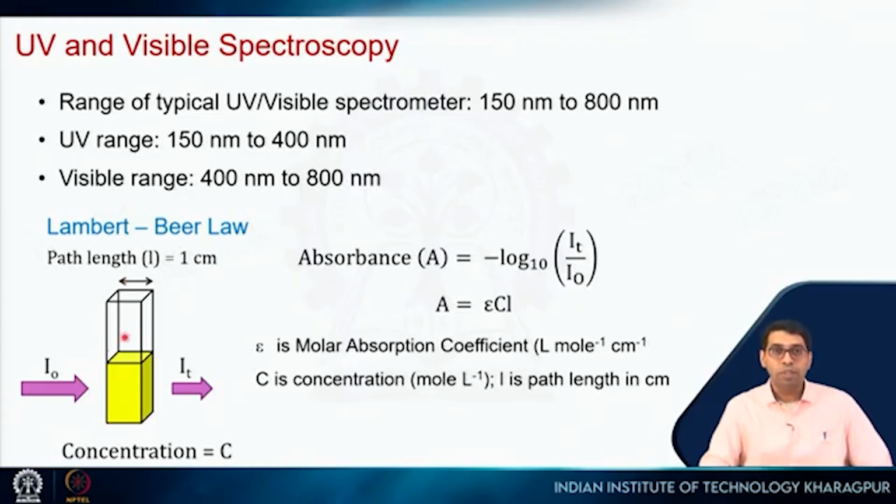Typically we use cuvettes like this and the path length will be 1 centimeter. So, if we can measure the absorbance and we know the epsilon and the path length, we can calculate the concentration. One of the most common uses of UV visible spectroscopy is to determine the concentration of your sample.